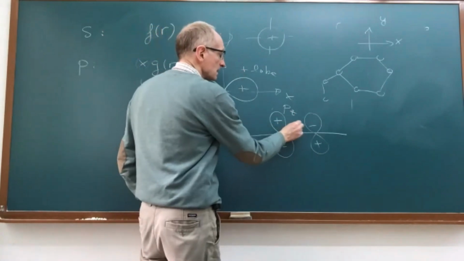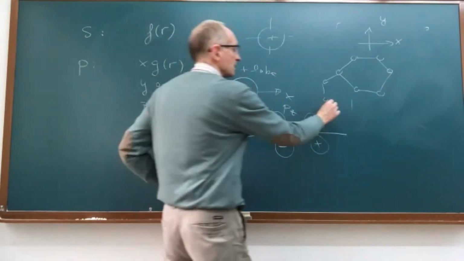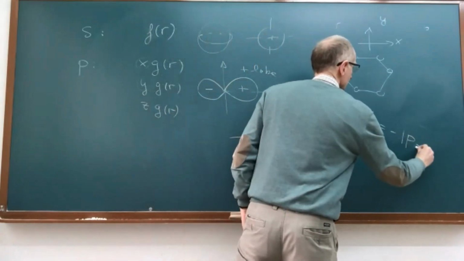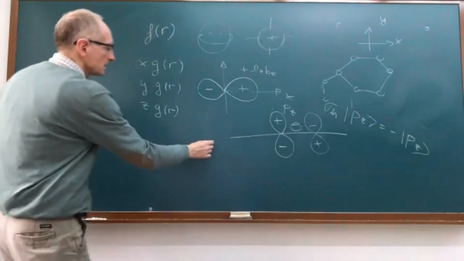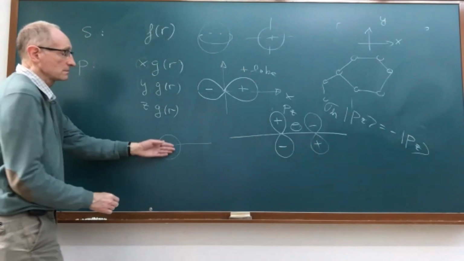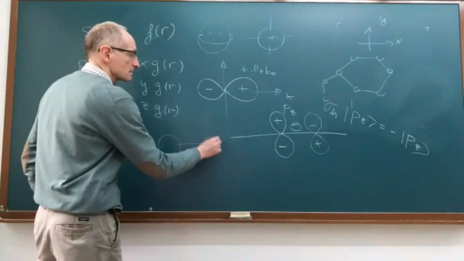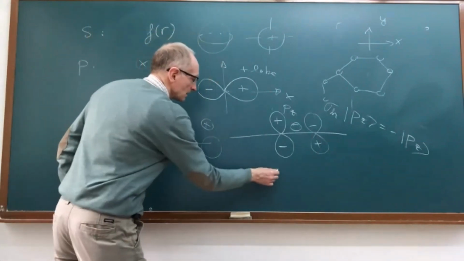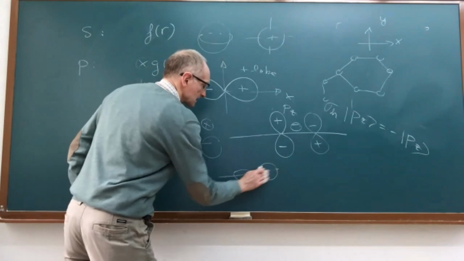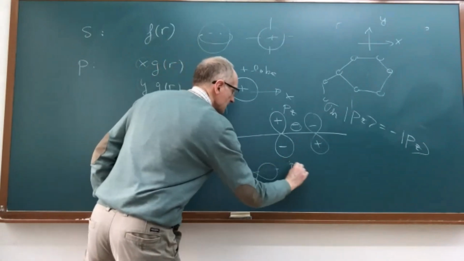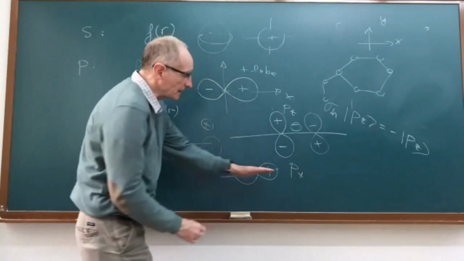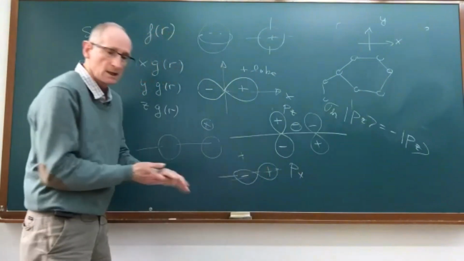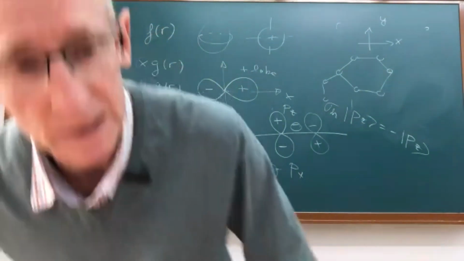So the parity, or the eigenvalue of the sigma h operation, is minus. However, if I consider an s orbital, obviously this is spherically symmetric, nothing changes, so it has positive parity with respect to sigma h. And if I consider an orbital like this, px, if I reflect upon this plane, nothing changes, so it also has positive parity. Okay, so that's how the sigma h parity works.